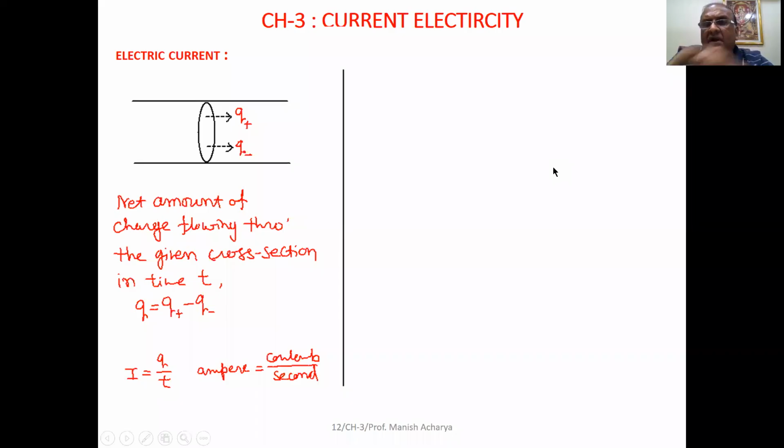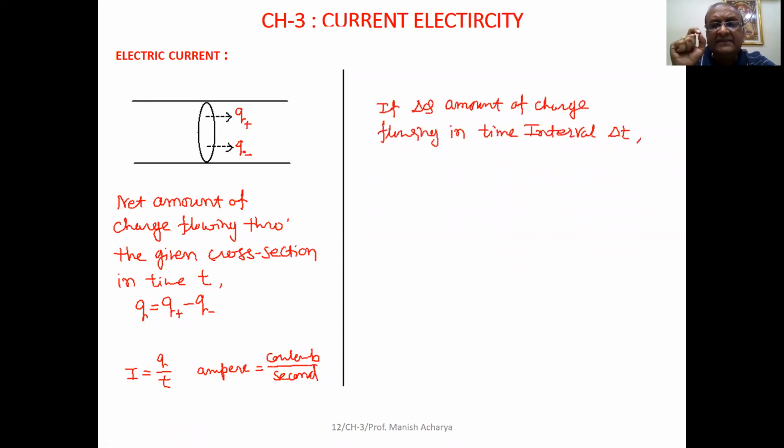Now, if the rate of flow of charge is constant, then a steady current is constituted in the conductor, and for that, we can write I equals Q by t. But if the rate of flow of charge is not constant, then we have to consider delta Q, the small amount of charge flowing through any cross section in a small time interval delta t.